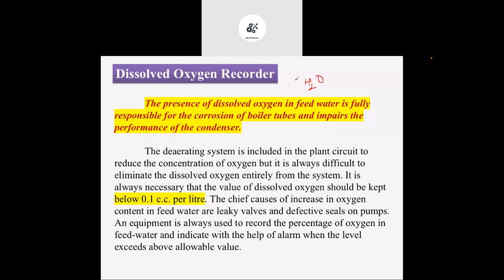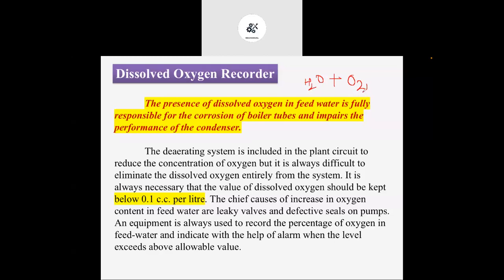Now you will say the water itself contains oxygen, right, because the chemical formula of water is H2O. But keep in mind that the oxygen in water as H2O is not going to react with the material. Instead, there is additional oxygen present inside the water, in dissolved form.